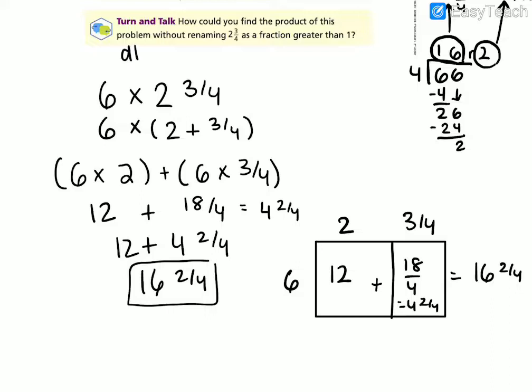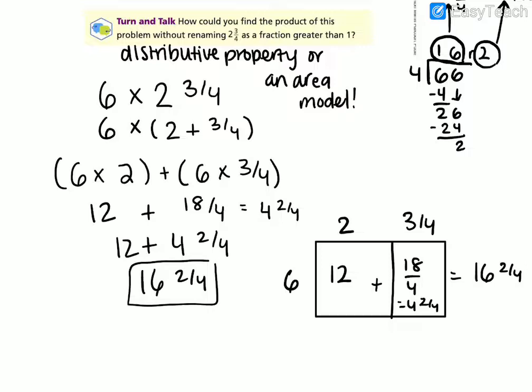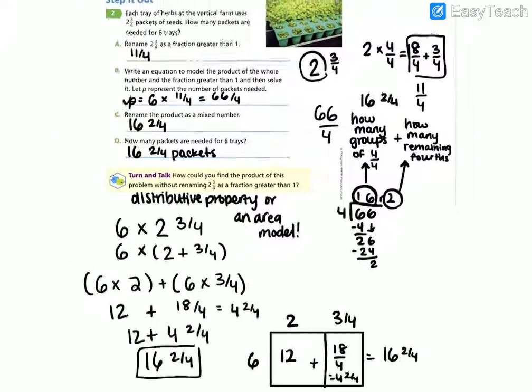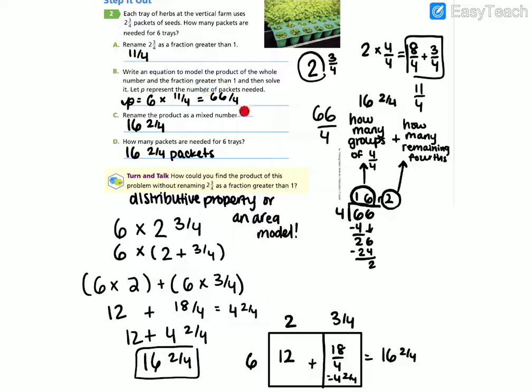So how can I do it? Using distributive property, or an area model. These sometimes are simpler to do than to go through all of these steps that we did. Because sometimes we can come up with a lot of errors when we're working with numbers this big, right? So 66 fourths is a large fraction greater than 1, and we could cause some errors just from having that large of a number that we're working with.